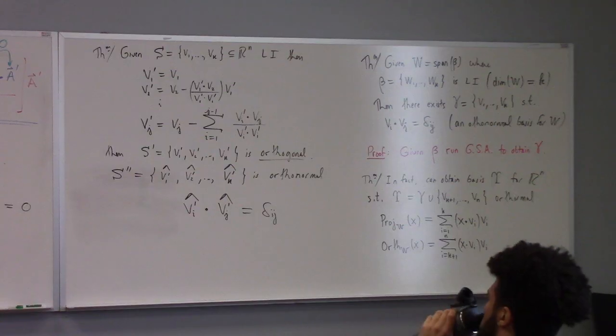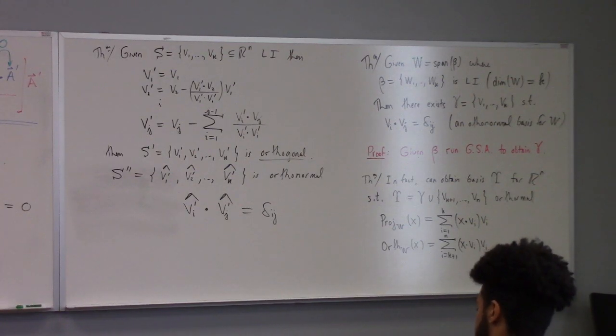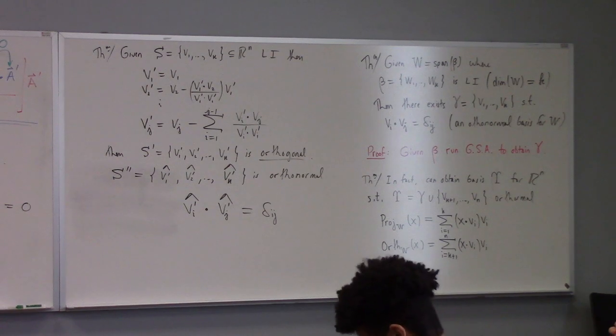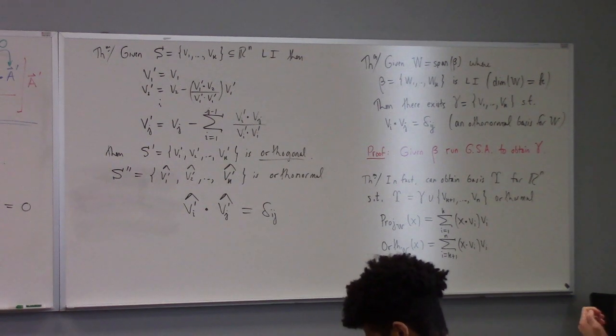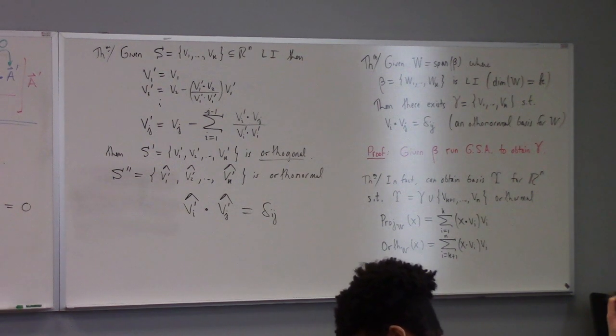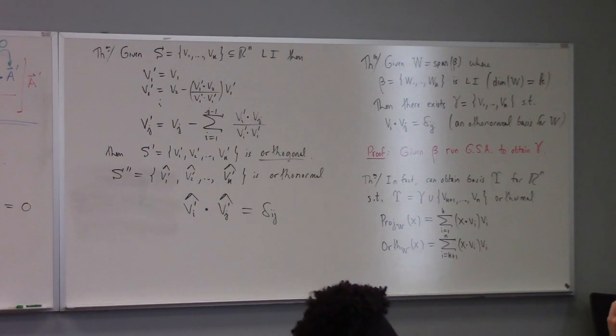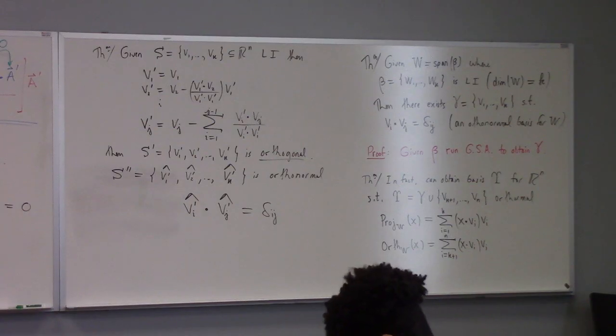So I'm going to shift gears here and go to that. Now, in order to explain what I want to explain next, which is called least squares regression, I need to remind you of something we proved last class.